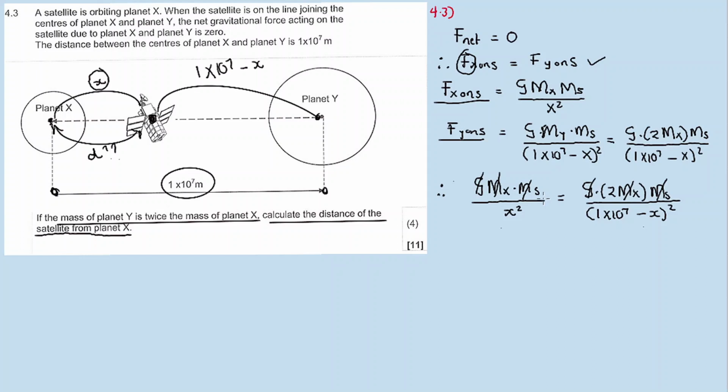Then we cross multiply: 1 times (1 times 10 to exponent 7 minus x) squared equal to 2 times x squared. It's 2x squared, right?